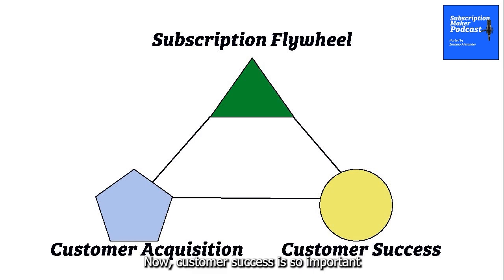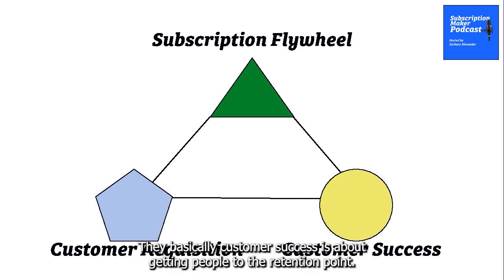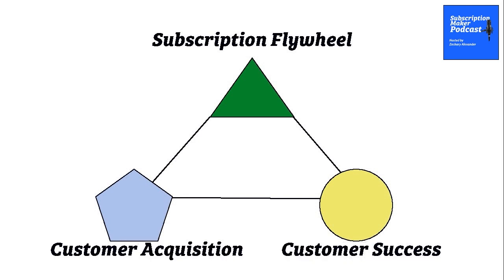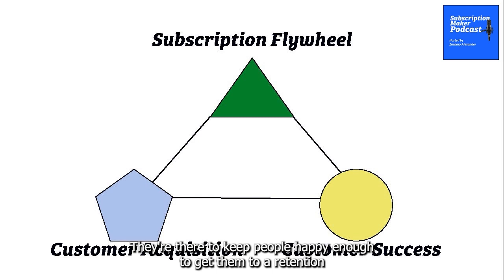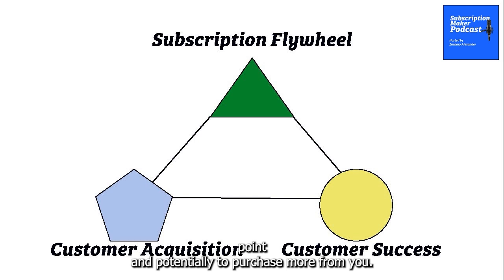Now, customer success is so important because success has the potential to create a situation where people will renew. Customer success is about getting people to the retention point. I mean, that's what they're there for. They're there to keep people happy enough to get them to a retention point and potentially to purchase more from you.